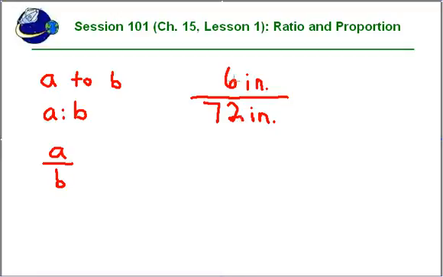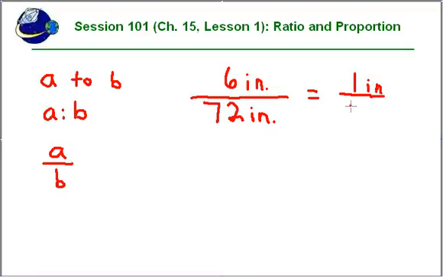Well, we take a look here at both 6 and 72. We can see that they both have common factors. And in fact, we can actually divide both the top and bottom by 6. So if we divide the top by 6, that would be 1 inch.